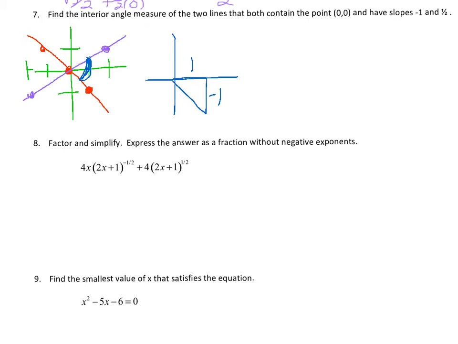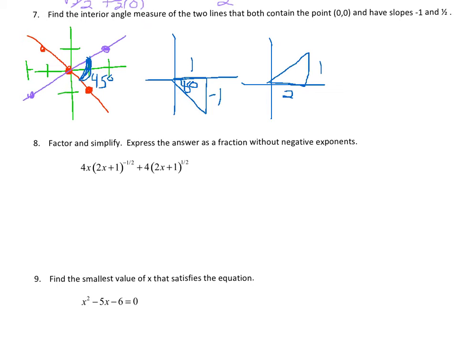So hopefully you remember a triangle where you go over 1 and down 1, or a triangle whose both sides are 1, and that would be a 45-degree angle. So we know that this part of our measure must be 45 degrees. For our second triangle, the one with a slope of 1/2, we know that this side must be 1 and this must be 2.